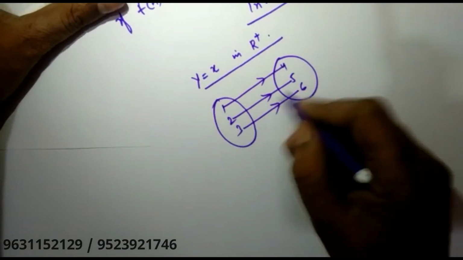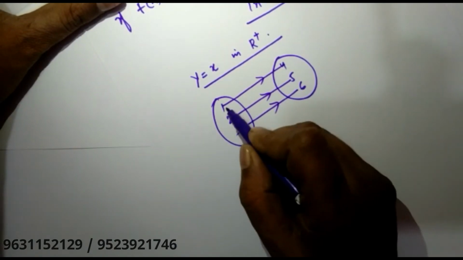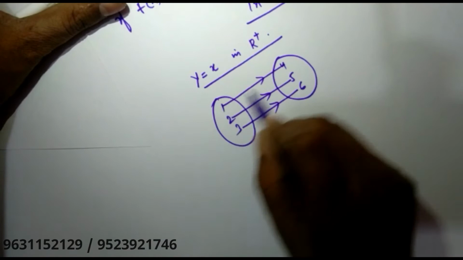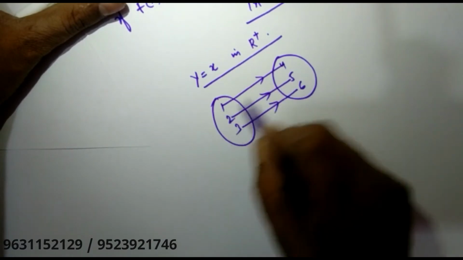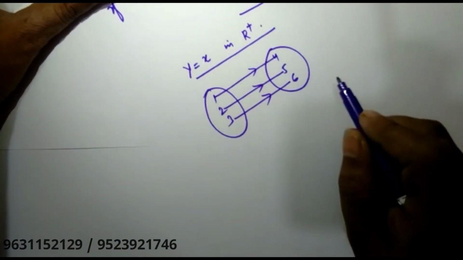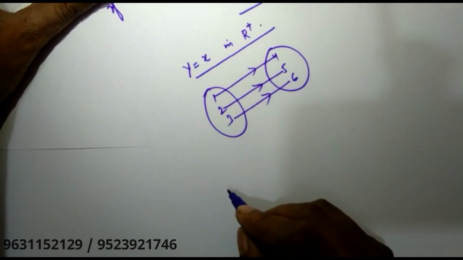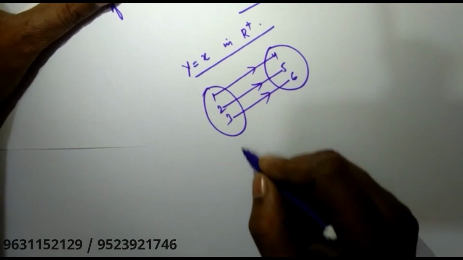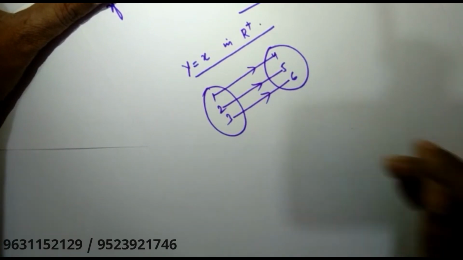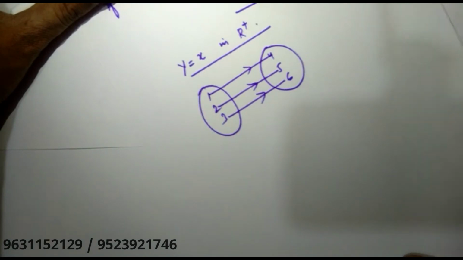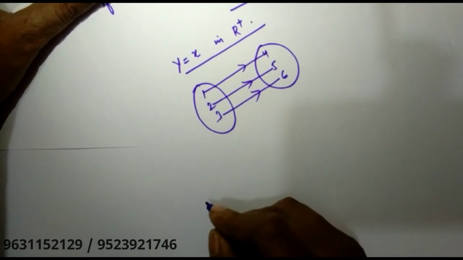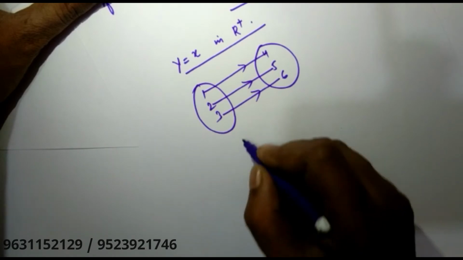Here this function is a 1-1 function. 1-1 function means a single domain element has a single image, no many-one relation, no one-many relation. This is a 1-1 function. Graphically, if a line parallel to the x-axis does not intersect the graph more than a single time, then the function is called 1-1 function.